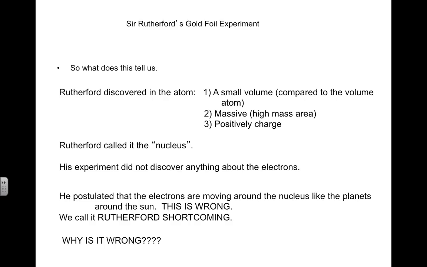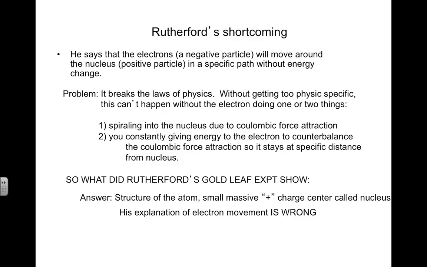And that's the incorrect part of his explanation about the structure of the atom. It's called Rutherford's shortcoming. It's wrong because the electrons would be moving around the nucleus in a specific pathway, like planets around the sun.